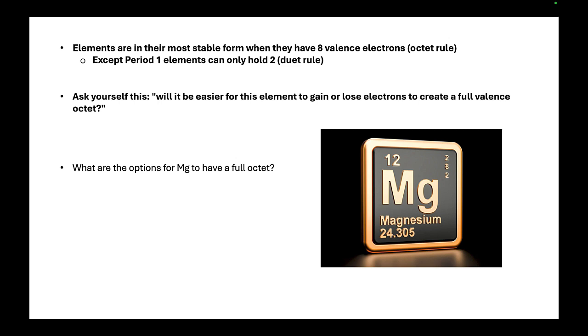But once you have your electron dot configuration, you want to ask yourself, is it easier for this element to gain electrons or to lose electrons to create a full valence octet? So when we think about the options for magnesium to have an octet, magnesium can either gain 6 electrons to become like argon or lose 2 electrons to become like neon.